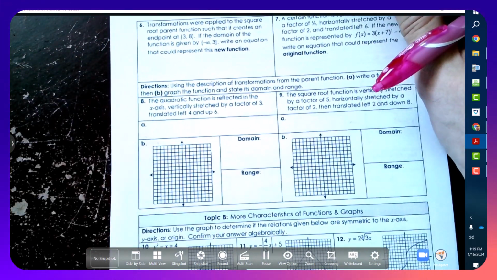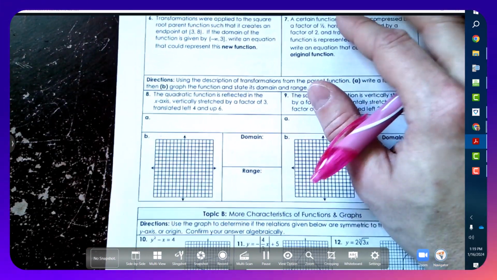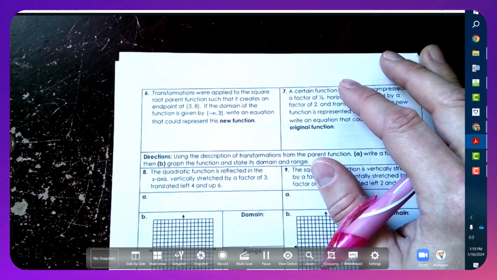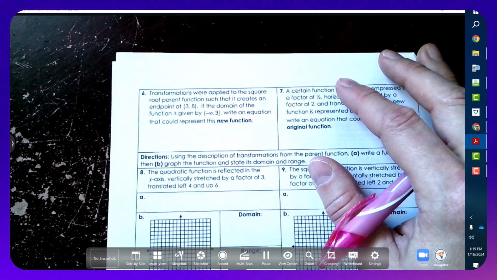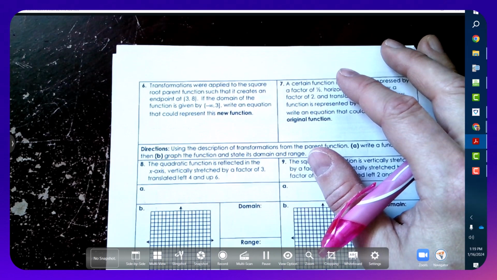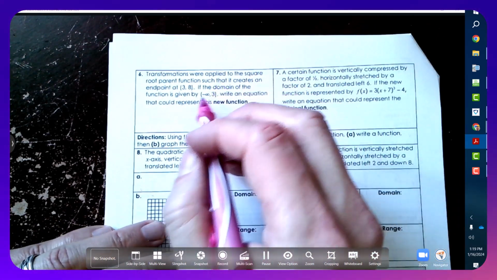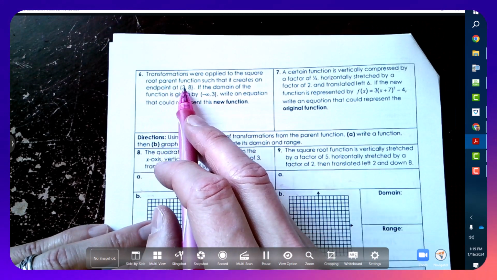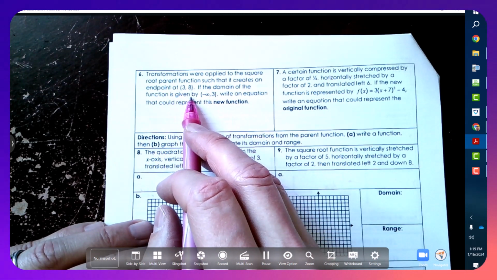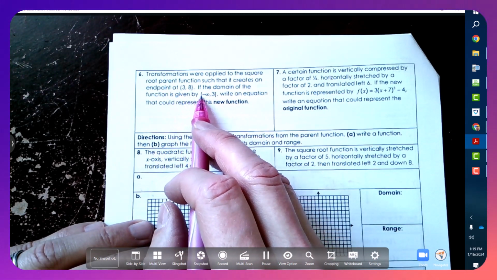Okay, so let's go ahead and fix this here. Transformations were applied to the square root parent function such that it creates an endpoint at 3/8 if the domain of the function is given as negative infinity to 3.